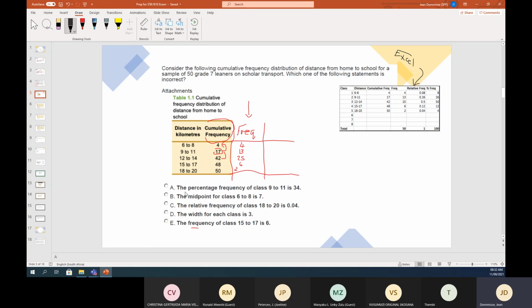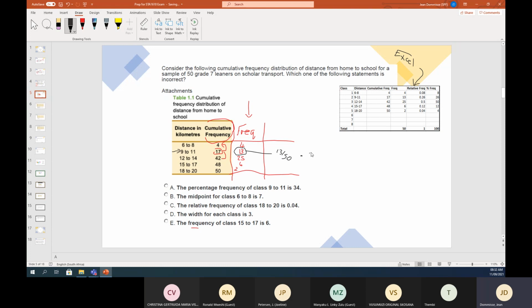Okay, so the percentage frequency of class 9 to 11. There it was also worked out, but basically how you get it is take the 13 divided by 50 as a percentage.